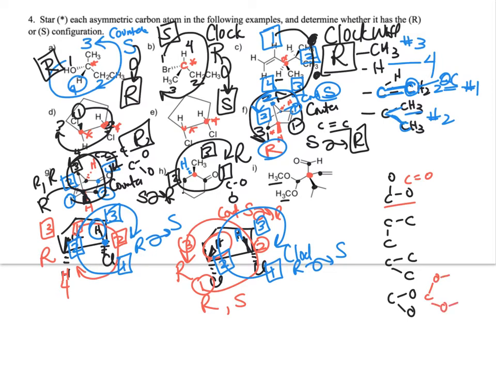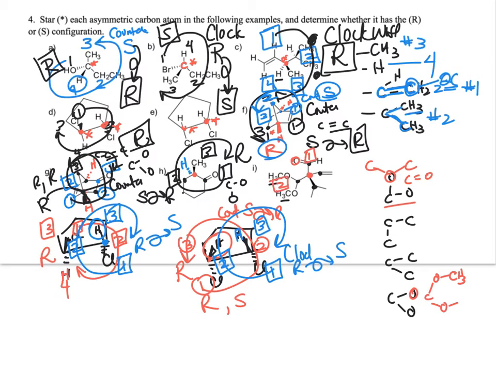O-methoxy group. So then you have to look at, well, this oxygen is bonded to a carbon and another carbon. This oxygen is bonded to only 1 carbon. So the highest priority would be a 1 here, and then this would be 2.